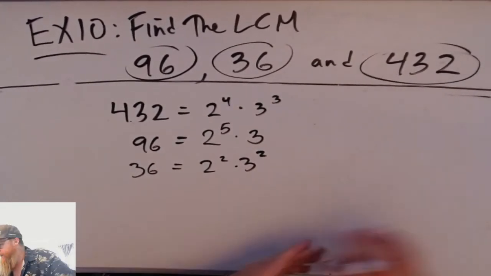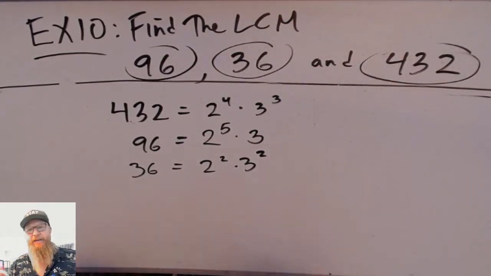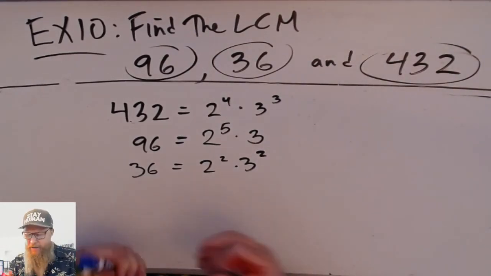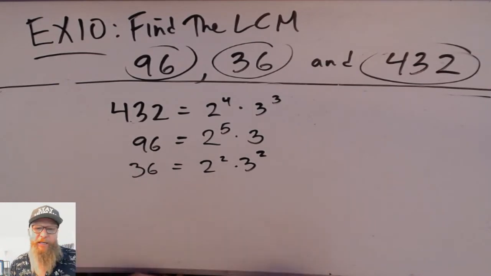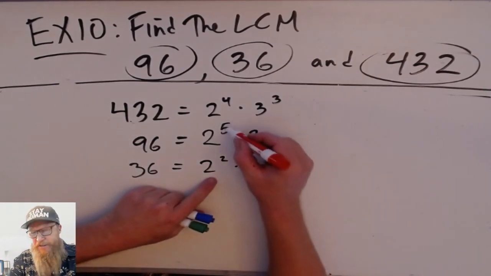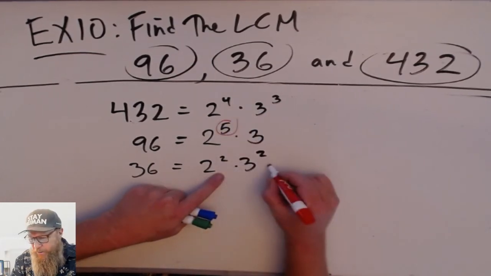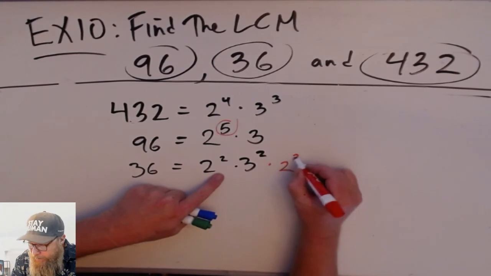Now our goal is to make them all the same. The most number of 2's is 5, so this one needs 3 more 2's.